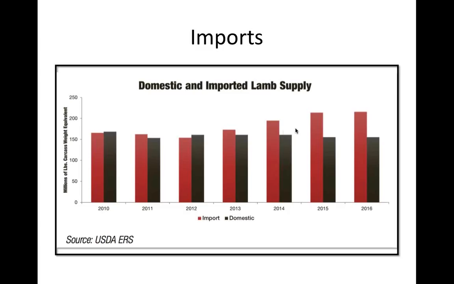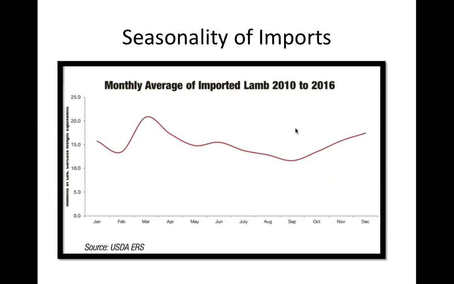And so one of the common things that I hear is we need imported lamb to make up for the seasons whenever we don't produce lamb, because they're on the other side of the equator. So, we're lambing in the spring, they're lambing in the spring, but their spring is our fall. That at first glance makes a lot of sense.